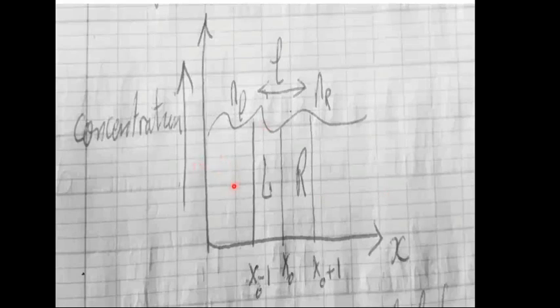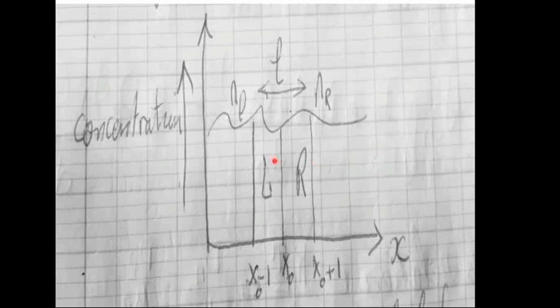I have drawn for you a concentration as a function of distance. The particles are crossing a length, which we call the mean free path L, from one region to another region in a time t. The mean time we call the scattering time.